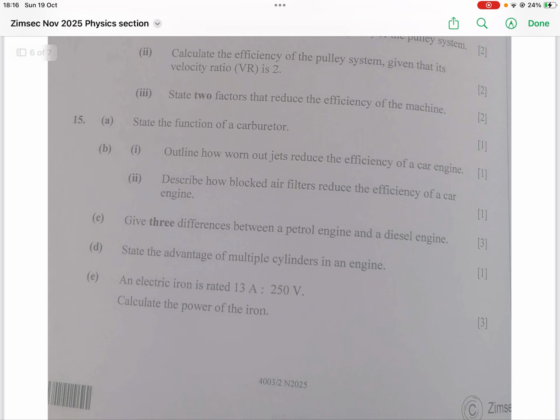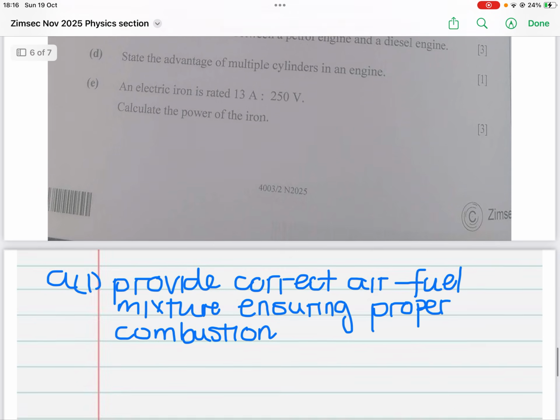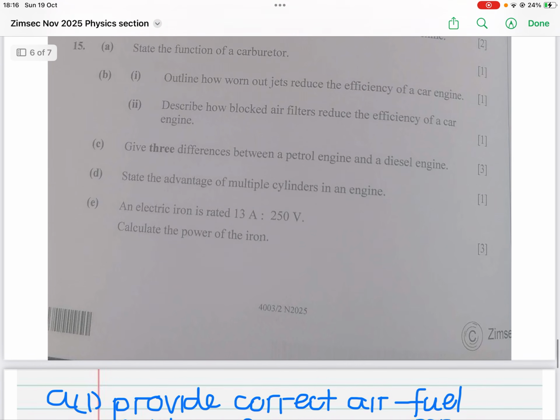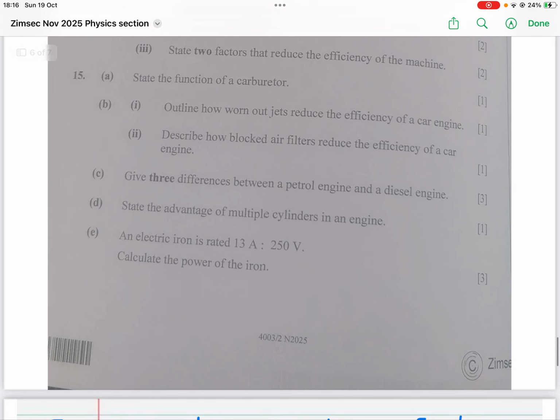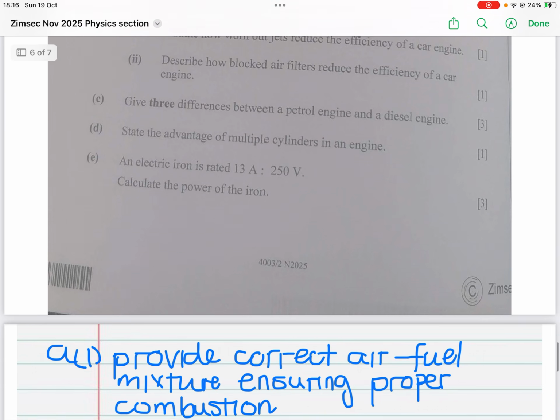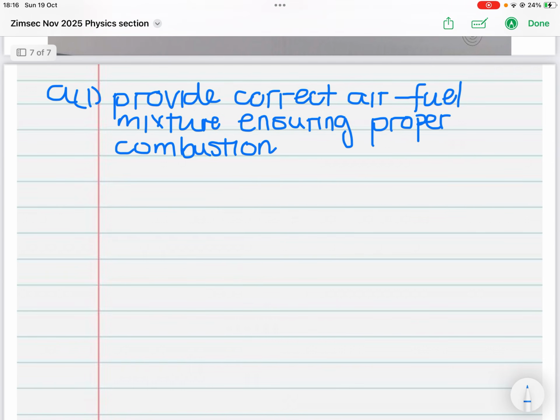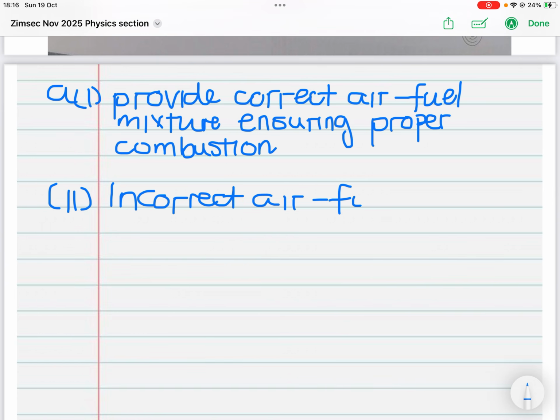And then part B, part 1: outline how the worn out gauge reduces the efficiency of a car engine. Outline how the worn out gauge reduces the efficiency of a car engine. So we are now on part 2. This is going to result in an incorrect air to fuel mixture.